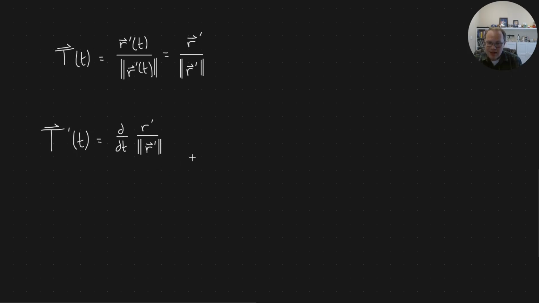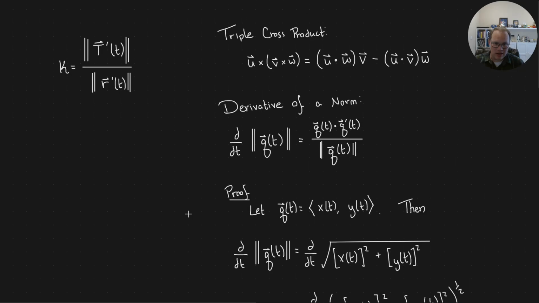Okay? Now this is going to be a quotient rule, right? So the derivative of the top, r double prime, times the bottom unchanged. Minus, now the top is unchanged, and I multiply by the derivative of the bottom, but the bottom is the norm of a function. We just looked at how to take that, didn't we?